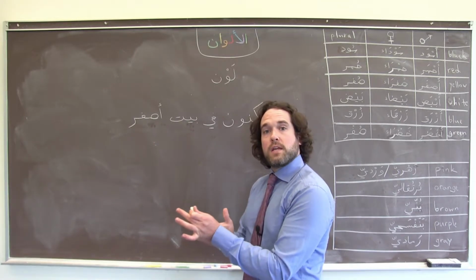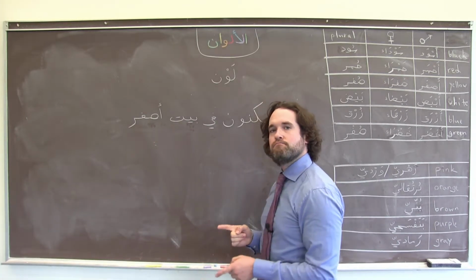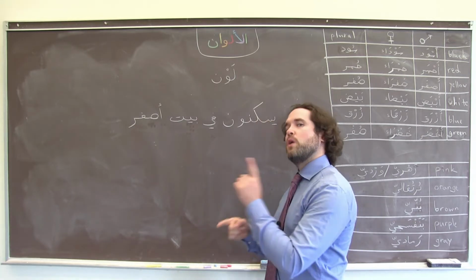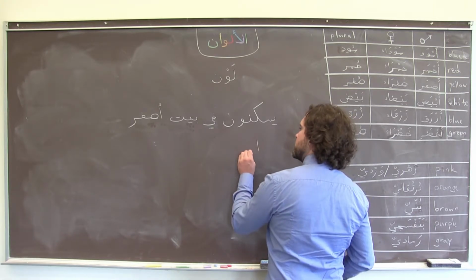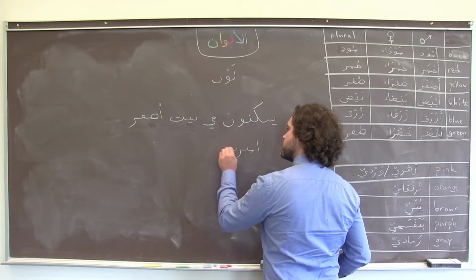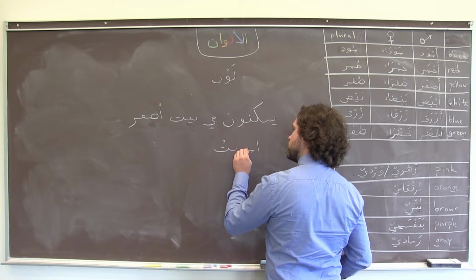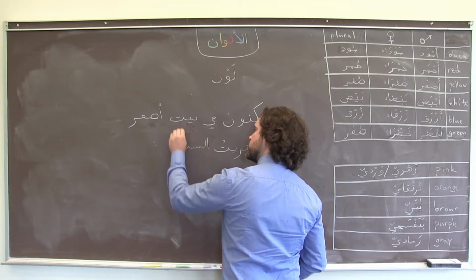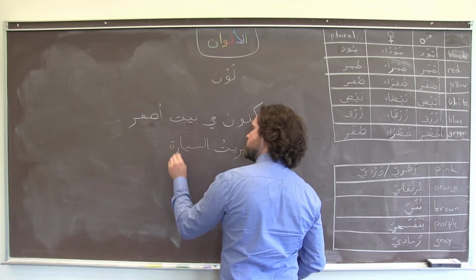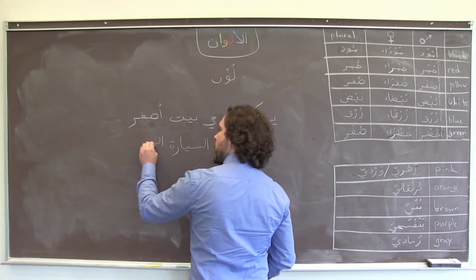If I wanted to say, I bought the red car, as opposed to all of the other colors that were available to me at the lot, I could say, اشتريت السيارة الحمراء.